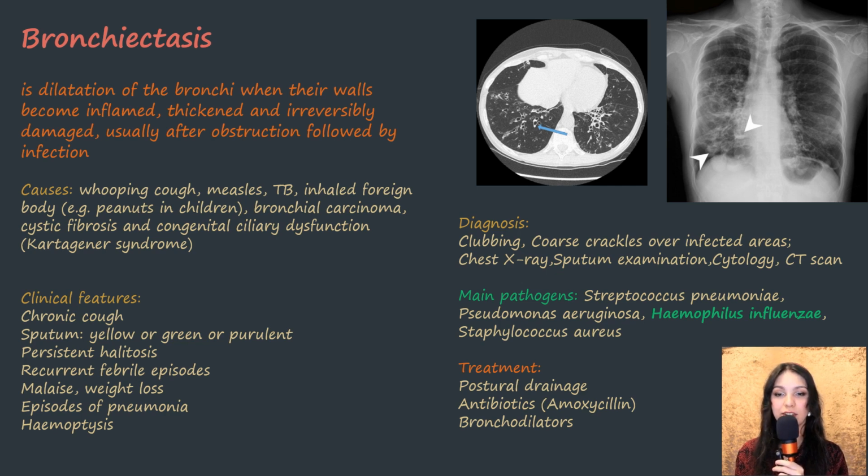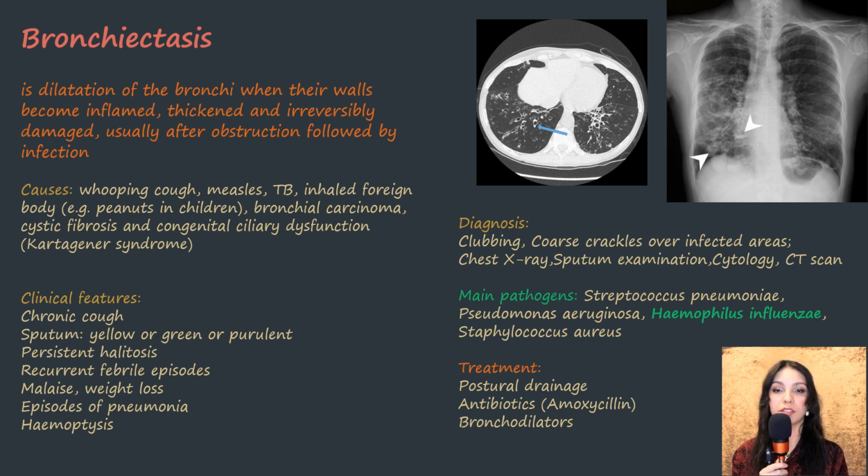Diagnosis: chest X-ray, normal or bronchial changes, sputum examination for resistant pathogens and to exclude TB, cytology to rule out neoplasia. The gold standard for diagnosing bronchiectasis is CT scan, and it can show bronchial wall thickening.